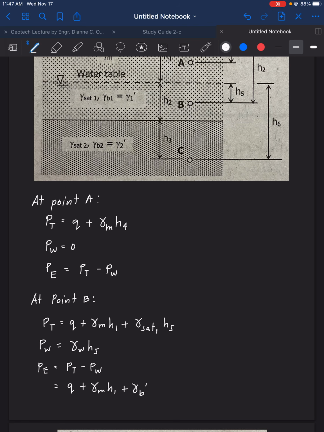Gamma buoyant 1, or gamma prime 1 is the same, and that is multiplied with H5. Okay? If you recall, gamma buoyant equals gamma prime, gamma effective, that is equal to gamma sat minus the gamma of water. Okay? So just recap.